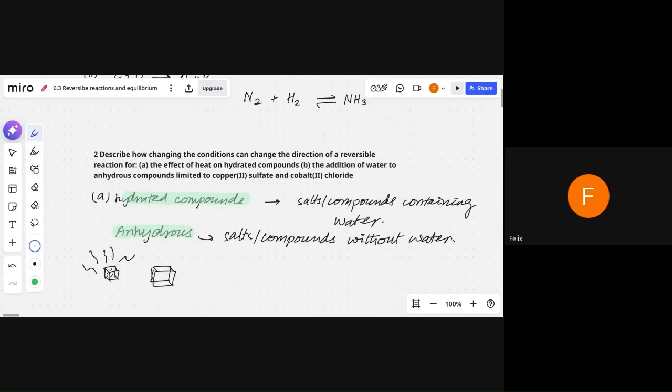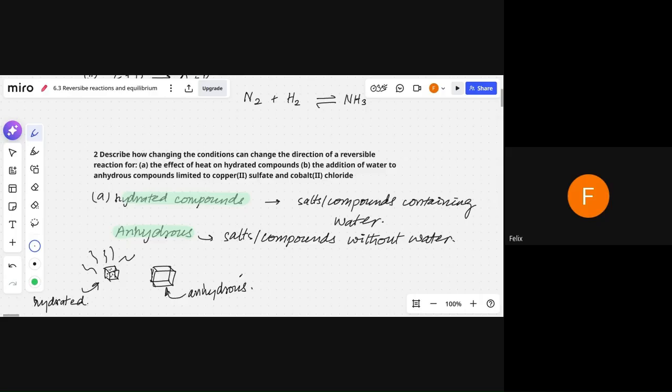The dots represent water molecules, and now you can see that the water has been evaporated, and now the salt is without water. So by heating a hydrated compound, the water is evaporated, leaving an anhydrous compound. That is anhydrous, and this was hydrated.